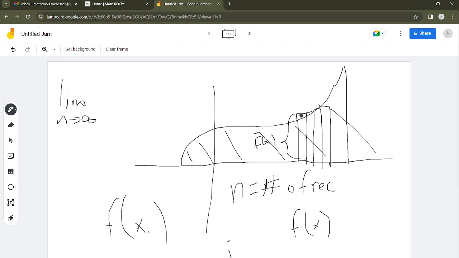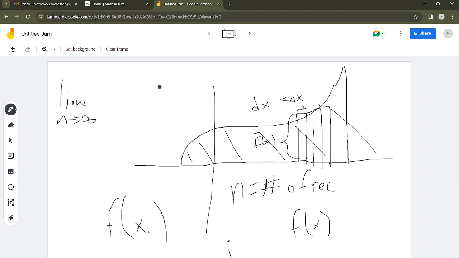Now, to find the area of every single one of these rectangles, assuming that they all have the same width, we let this be the change of x. And in calculus, well, we can set that to dx. Now, the area of every single rectangle is f of x of i, depending on what i is, times the change of x.